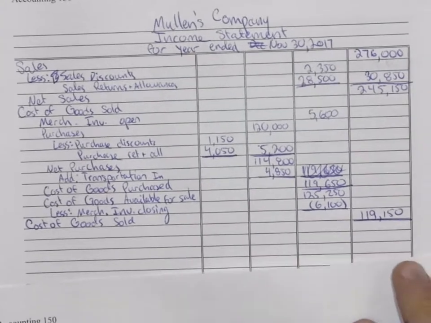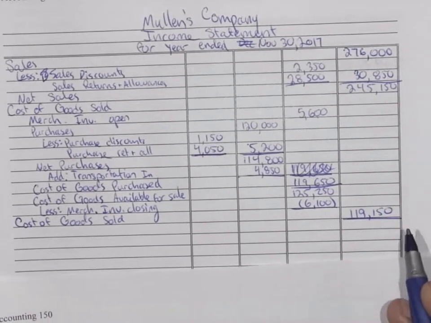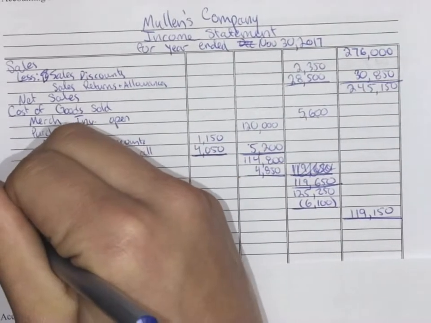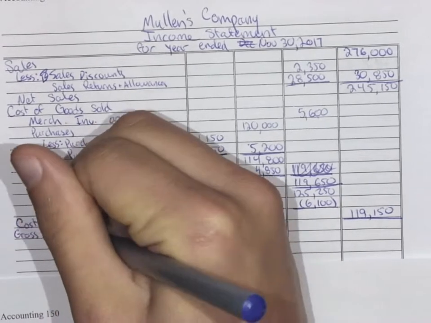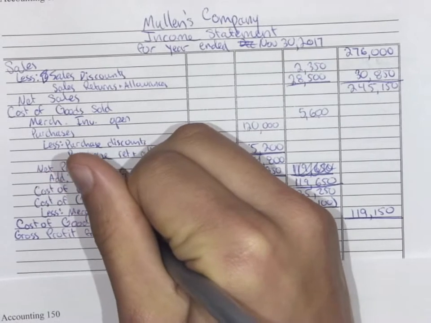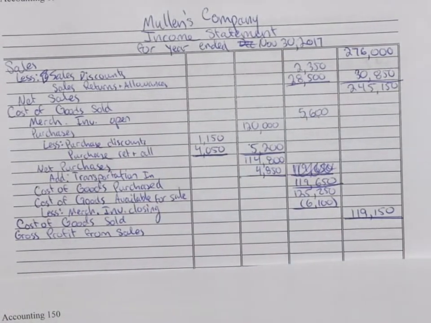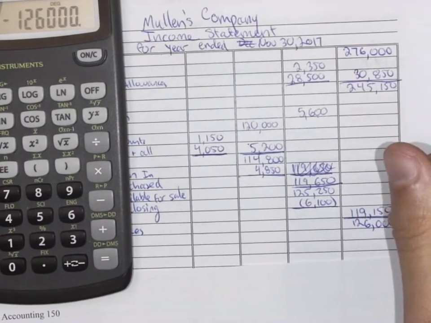So our net sales minus our cost of goods sold brings us to our gross profit from sales. We have 126,000.